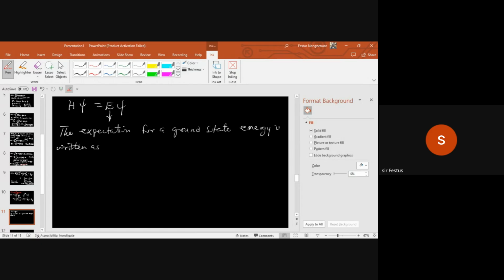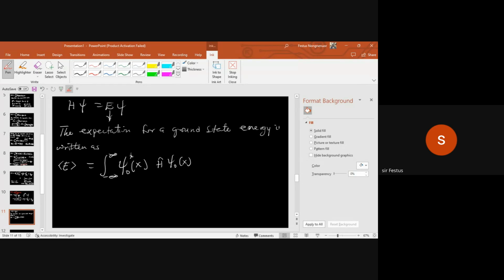We now have our E in the triangular bracket to be equal to the general expression, the integral from minus infinity to infinity, then psi naught of x, then the conjugate form, then your energy, which is the Hamiltonian operator, then psi naught of x. That's how you can write your expectation value.